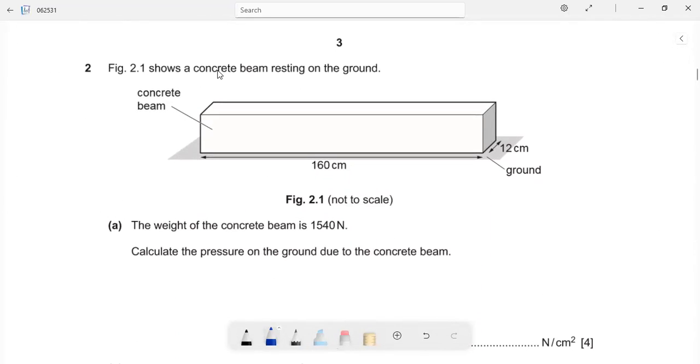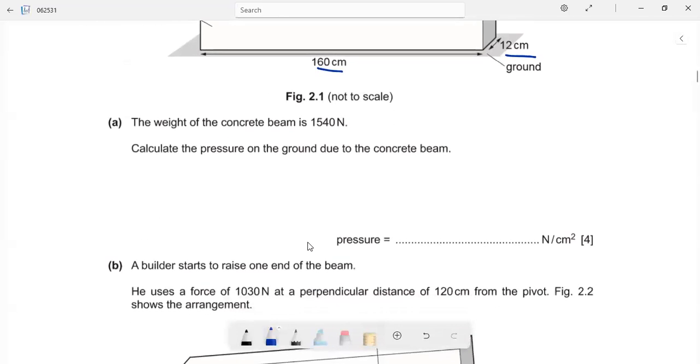Next, figure 2.1 shows a concrete beam resting on the ground. So 160 centimeter and 12 centimeter. The weight of the concrete beam is 1540 Newton. Calculate the pressure on the ground due to this concrete beam.